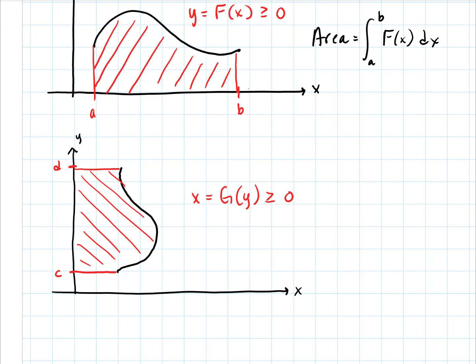We just said we could find that area simply by constructing our rectangles for the Riemann sum along the y-axis. We could find that area as the integral from c to d of g of y, integrating with respect to y. So we're going to extend those exact concepts and talk about what if that same curve was defined parametrically. If that same curve was defined parametrically, the same concepts can apply.